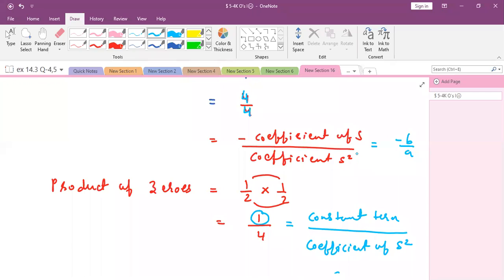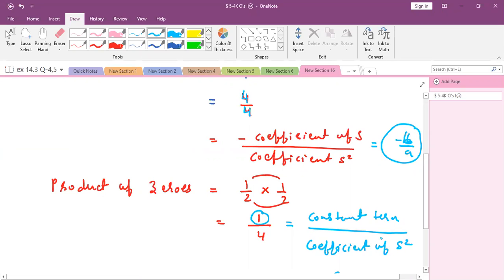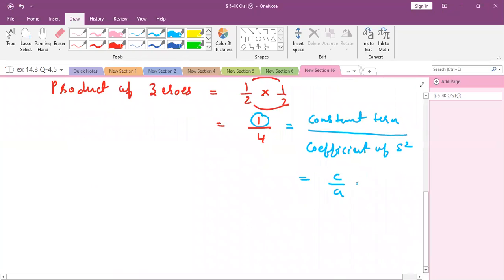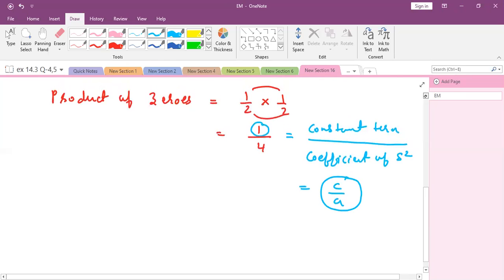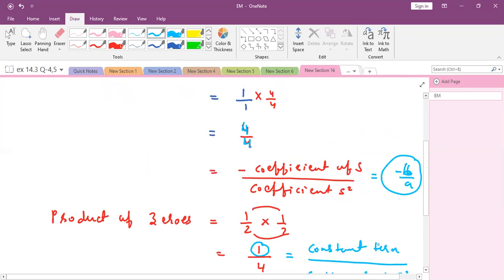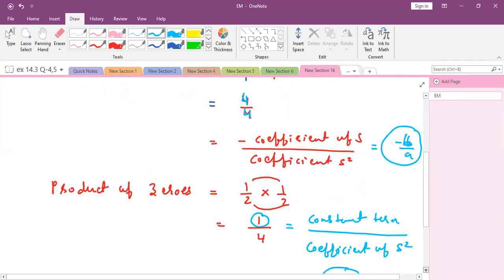And after getting the zeros, we are going to find the relationship between the zeros and the coefficients by finding the sum of zeros, and the sum of zeros should be equal to minus b by a. Whatever sum of zeros you get should be equal to which value of the equation? Minus b by a. And when you take the product of both zeros, it should be equal to what? Constant term upon coefficient of first term. Clear to everyone? Now, let us see one more question.